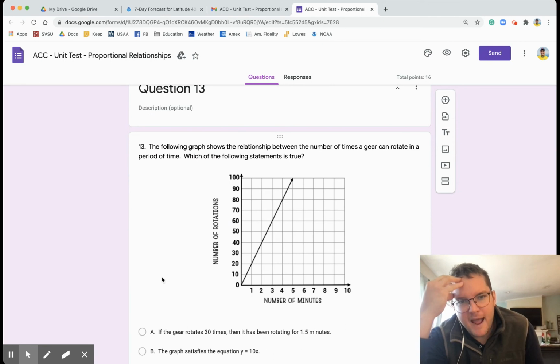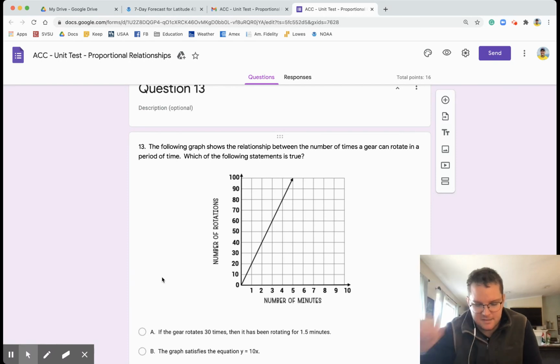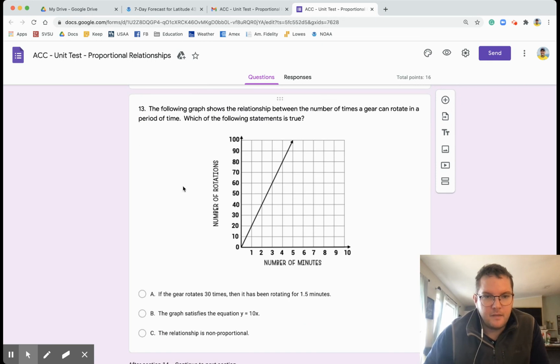The following graph shows the relationship between the number of times a gear can rotate in a period of time. Which of the following statements is true? All right. If a gear rotates 30 times, then it has been rotating for 1.5 minutes.